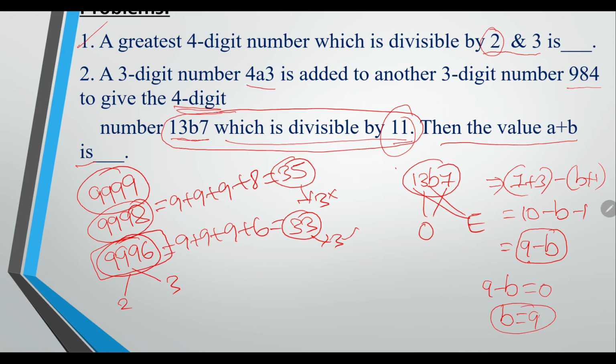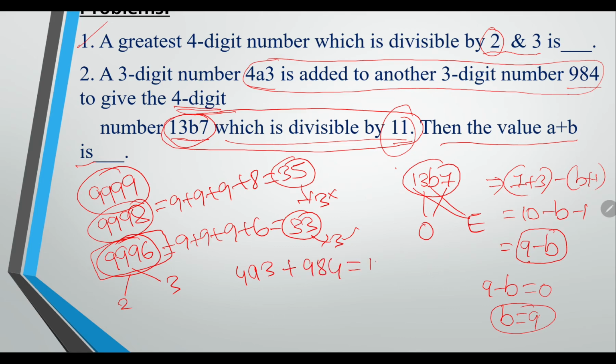Let's consider the other statement, that 4A3 is added to the 3-digit number 984 to give 13B7. That is 4A3 plus 984 gives 13B7. We add 3 plus 4 is 7, then 8 plus A, let's consider 8 plus A as a single digit, and next 4 plus 9 is 13, which equals 13B7.